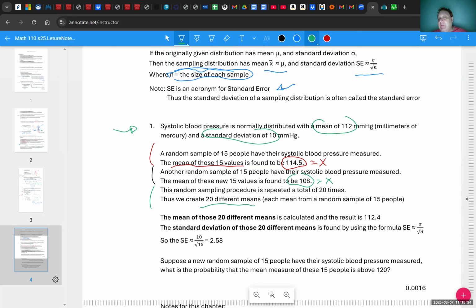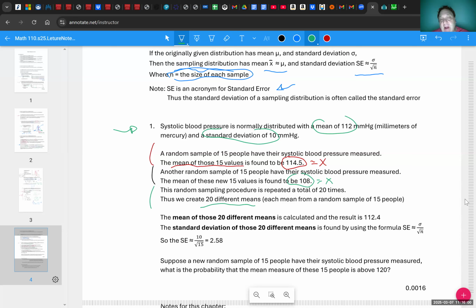So now I can talk about the distribution of those means, right? My X value is means of 15 people taken at a time. And I can say, okay, what is the distribution of those 20 means? What's the average of those 20 means? What's the standard deviation of those 20 means?